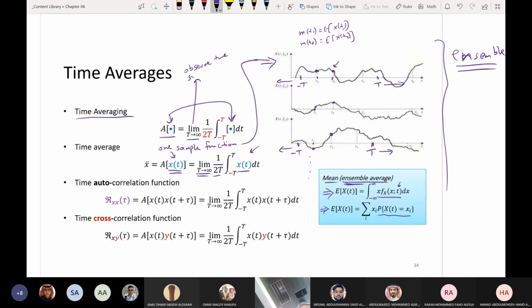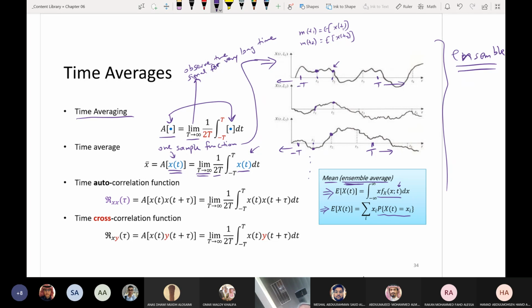T to infinity: observe the signal physically. What does it mean? For a very long time. This is what T going to infinity means. Mathematically it is a limit, but physically for engineers, it means that we observe the signal for a very long or long enough time.